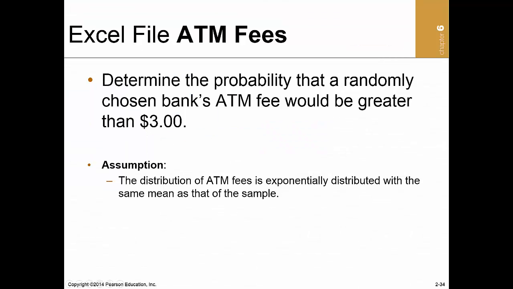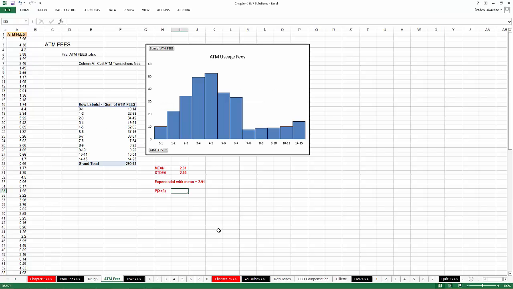And we'd also like to determine the probability that a randomly chosen bank's ATM fee would be greater than $3. So for this, we'll assume the distribution of ATM fees is exponentially distributed with the same mean as that of the sample. So we'll use EXPON.DIST with x equal to $3, and our lambda is 1 divided by the 2.91, cumulative, true.